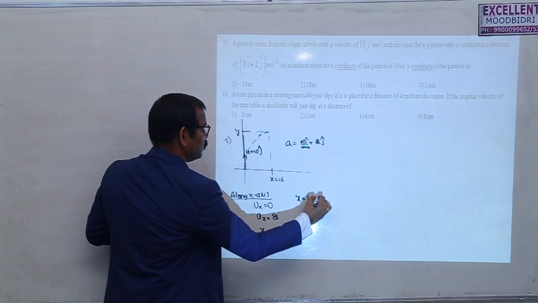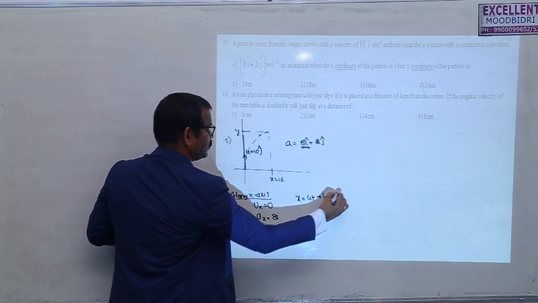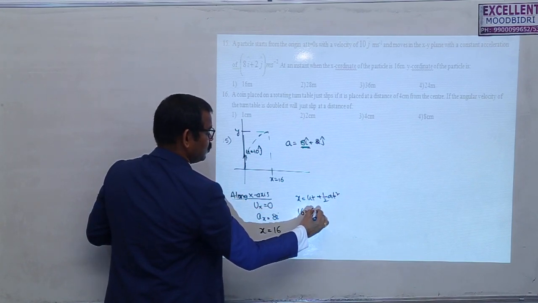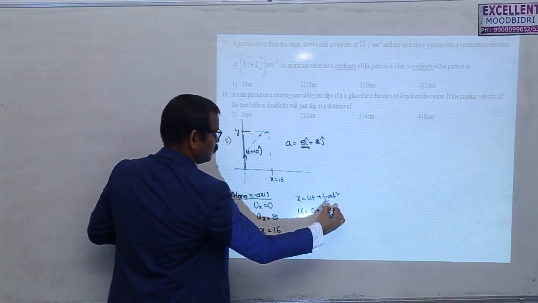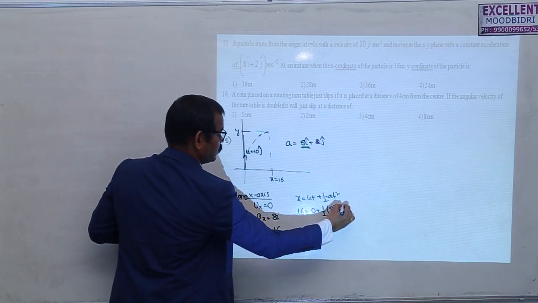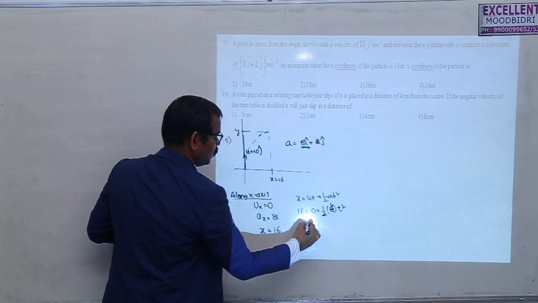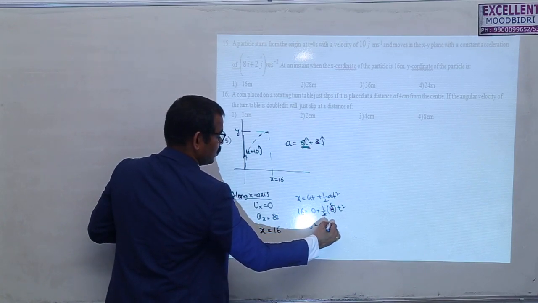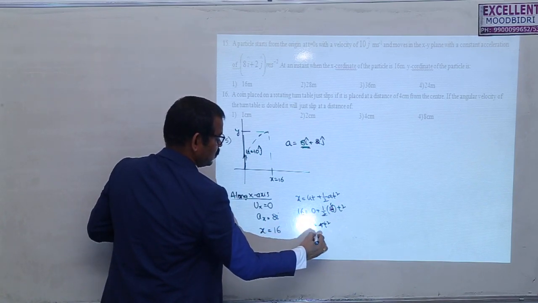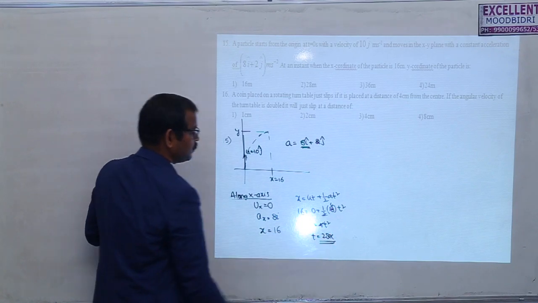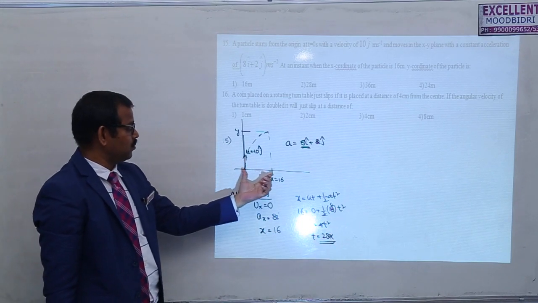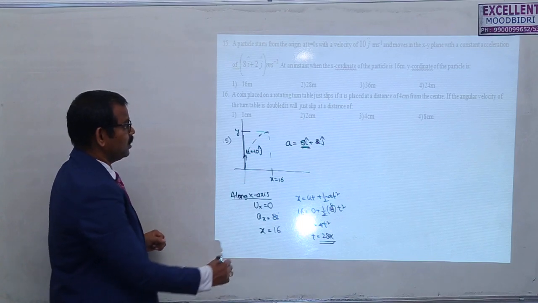So we can write x is equal to ut plus half at square. 16 is equal to 0 plus half into 8 into t square. So this is 4. 16 is equal to 4t square. T is equal to 2 seconds. So after 2 seconds, the particle will be at a distance of 16 centimeters.